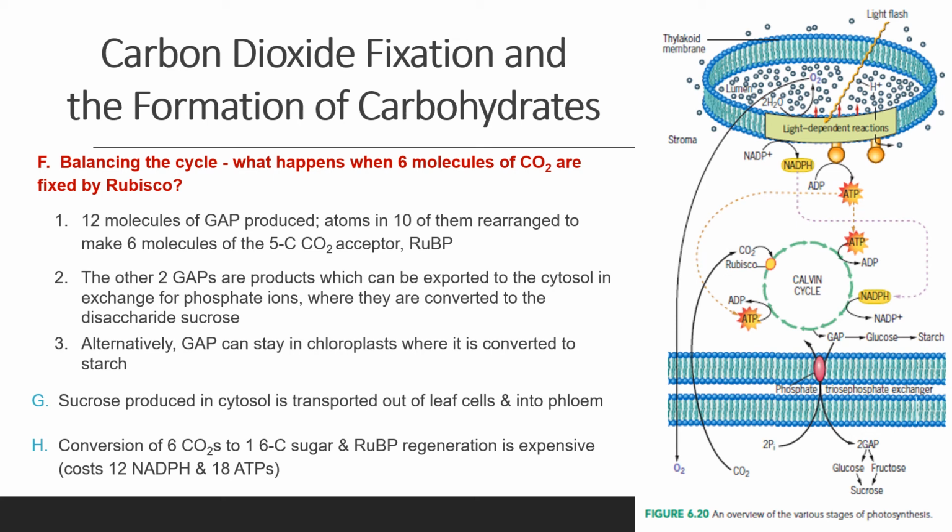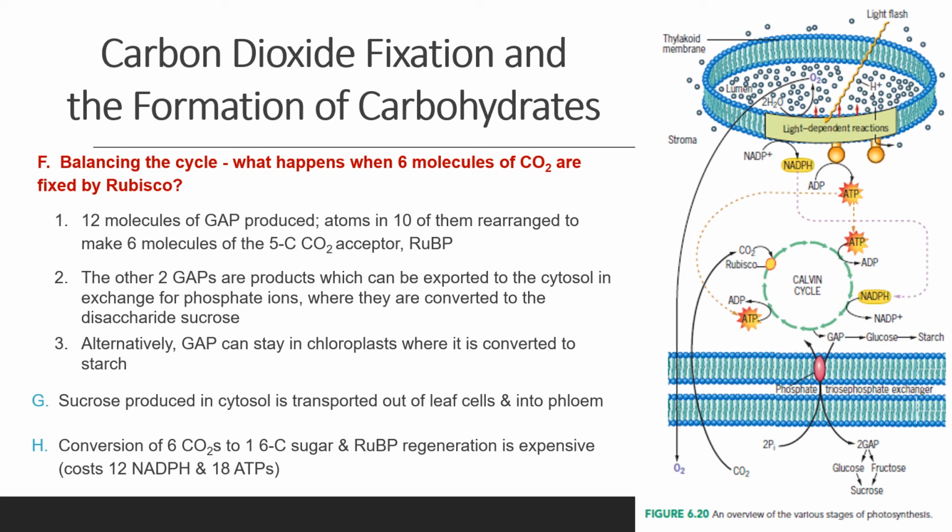So, balancing the cycle: what happens when 6 molecules of carbon dioxide are fixed by Rubisco? It can be seen in figure 16.9 that has been presented earlier, that for every 6 molecules of carbon dioxide fixed, 12 molecules of GAP, or glyceraldehyde 3-phosphate, are produced, and atoms in 10 of them are arranged to make 6 molecules of the 5-carbon dioxide acceptor, RuBP.